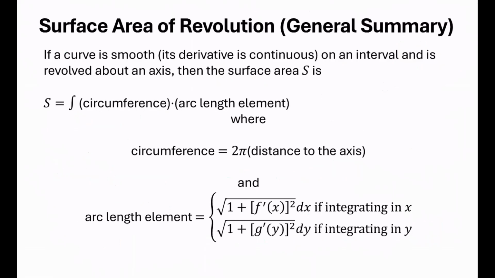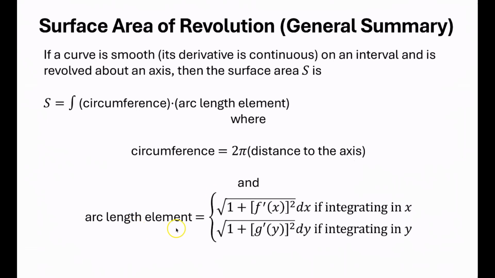Before our last example, here's sort of a general summary. So if a curve is smooth, meaning its derivative is continuous on an interval, and it's revolved about an axis, then the surface area can be generalized by saying it's the integral of the circumference times that arc length element, right? And the circumference can be generalized to say that it's 2 pi times the distance to the axis, whichever axis we're rotating around.